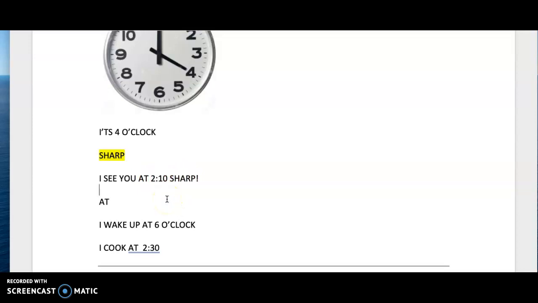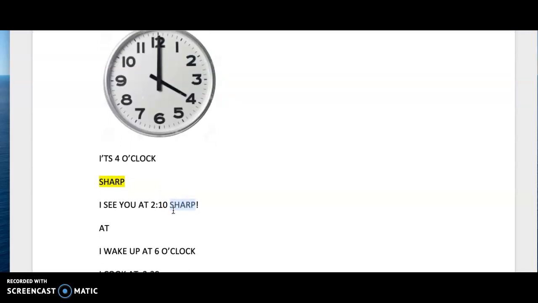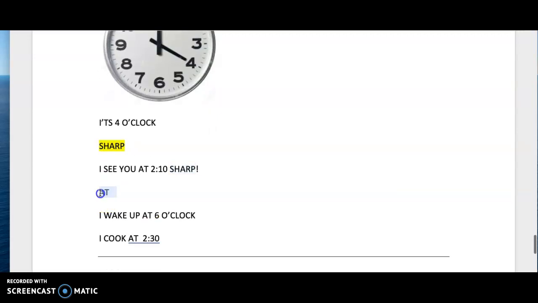It's like nos vemos a las 2:10 en punto. Sharp es en punto, pero no en punto las 00, sino como un tiempo que te pones, que nos vemos a las 2:10 en punto. Okay? Sharp. Repeat, sharp. Very good.